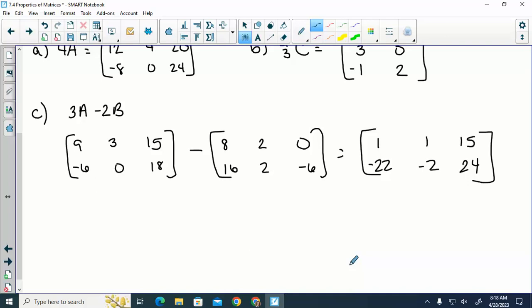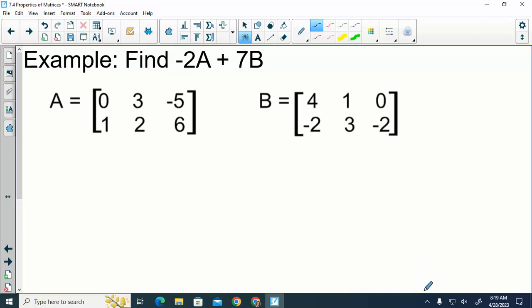Alright. Is that one okay? Next, negative 2A plus 7B. So negative 2 times 0 plus 7 times 4. We get 28. Is it okay if I don't write out all the work on this one?